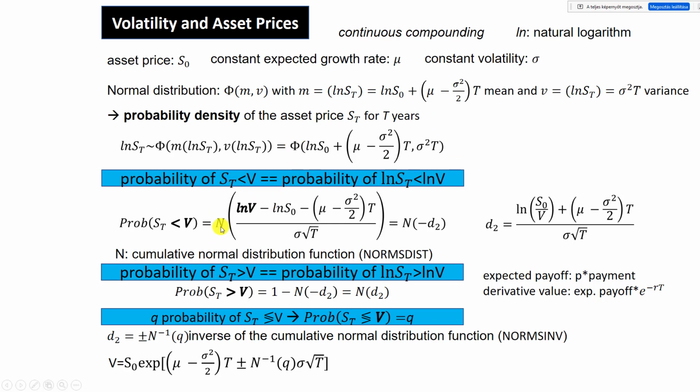We are still inside the normal distribution, but now we can solve this, because we can say that this is V minus the spot price, and then we have this fluctuation around the expected value and also the variance, which changes in time.